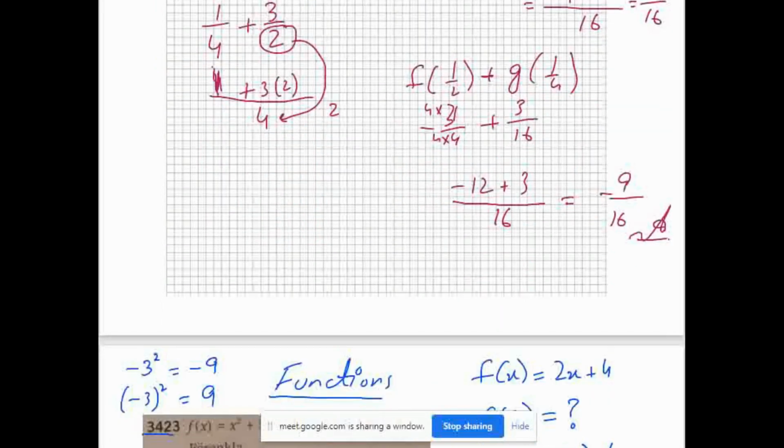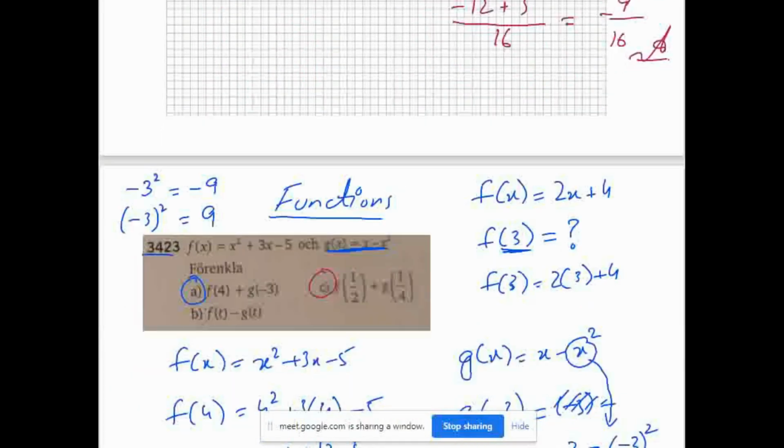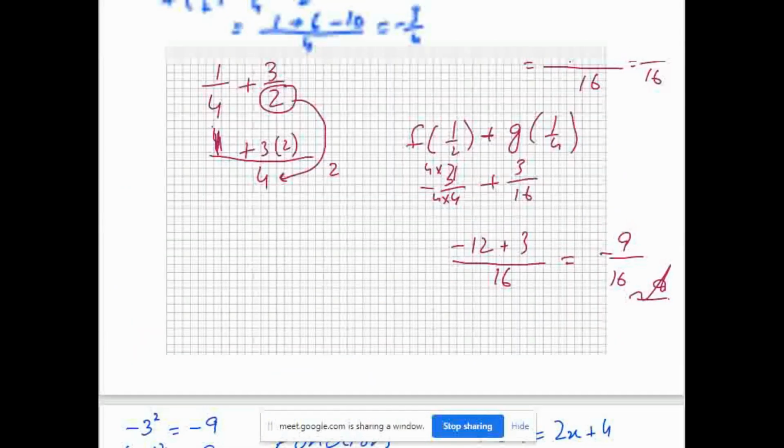This question was part C. This is the third part. Minus 9 by 16. So you can see the overall working over here.